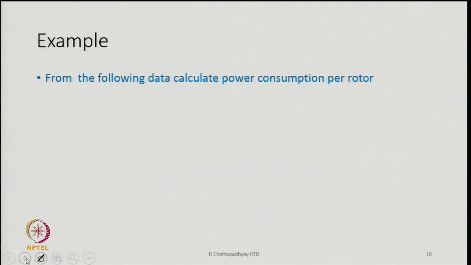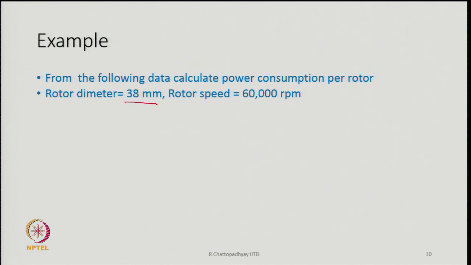Like an example is given here, from the following data calculate power consumption per rotor. Rotor diameter is 38 mm, a typical rotor diameter could be 38, could be 50, could be 65, and rotor speed is 60,000 rpm. Rotor speed can go up to 1 lakh rpm nowadays, it can go to 1,10,000 rpm also, and the rotor diameter can go on the lower side to 28 mm, the minimum diameter.